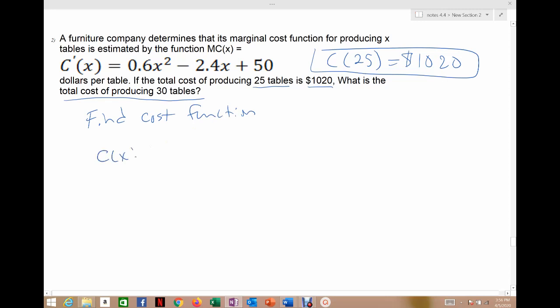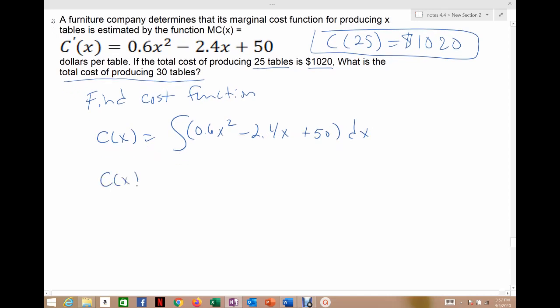In order to find my cost function, the first thing I have to do is undo the derivative. So take the antiderivative or integration of my rate of change function to find all possible cost equations.